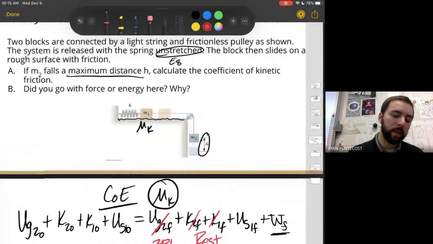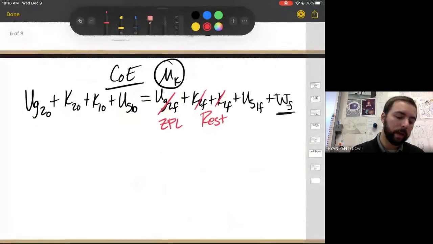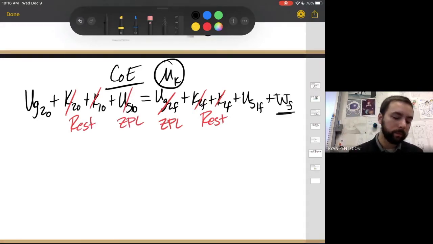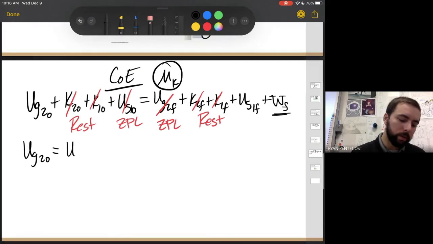I don't think that's actually explicitly stated, just hinted at. So that is also rest. Now it is unstretched. So that is an equilibrium. That's ZPL for the spring. So we've got the gravitational potential energy for block 2 turns into the spring potential for block 1, and there is work lost due to friction, right?